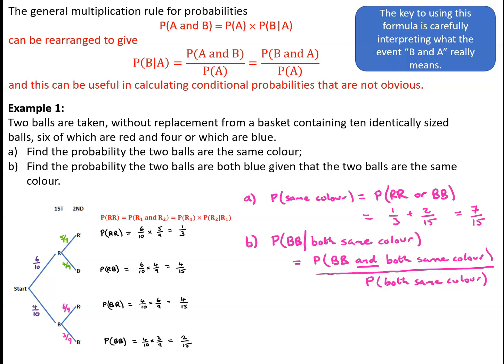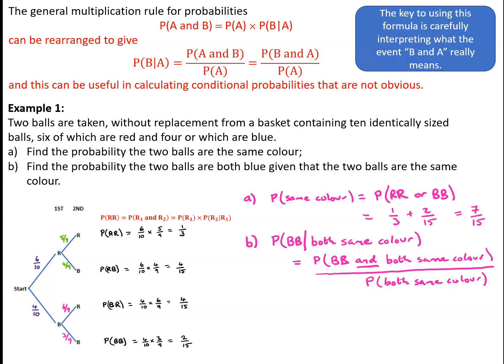So the probability we get 2 blues, given that the 2 balls that came out are both the same colour, is the same thing as the probability of getting 2 blues and 2 balls which are both the same colour, divided by the probability we get 2 balls which are both the same colour. Now the probability the 2 balls are the same colour we know is 7/15.